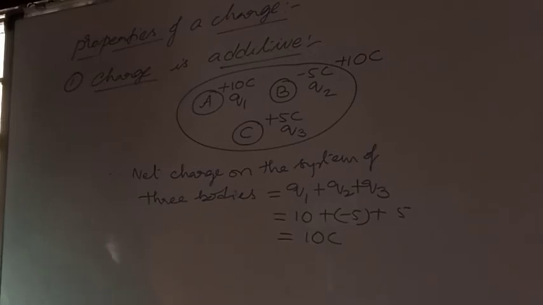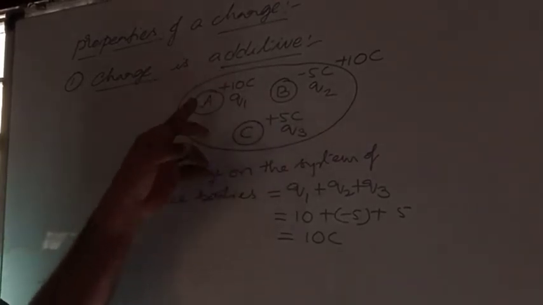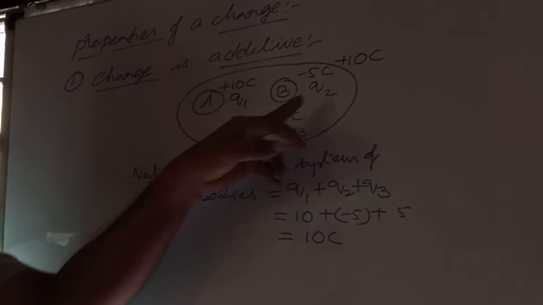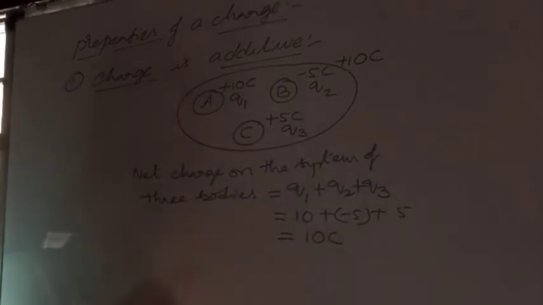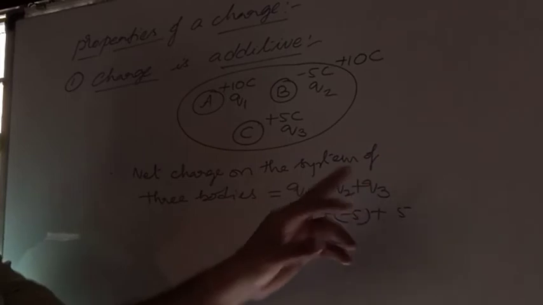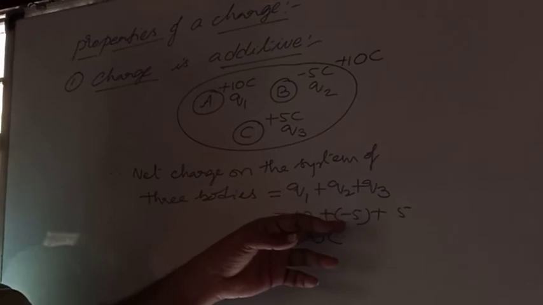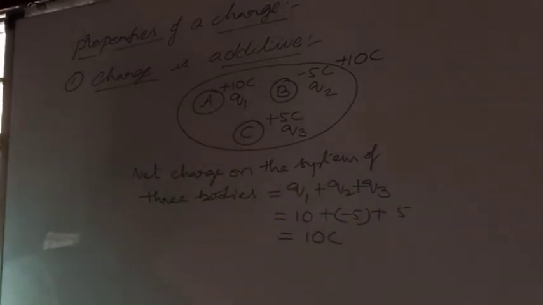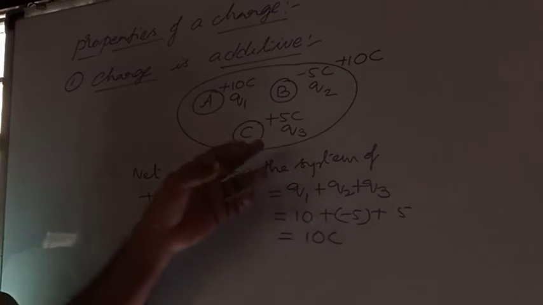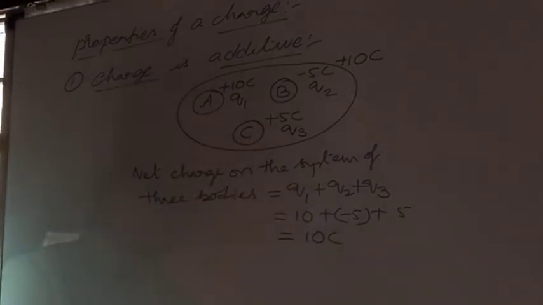Whatever may be the charge present on the body, we simply add them up, then we get the total charge on the system. Therefore, the net charge on the system will be equal to 10 coulombs.